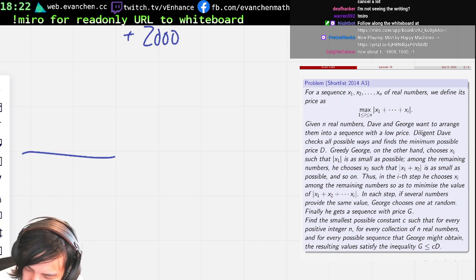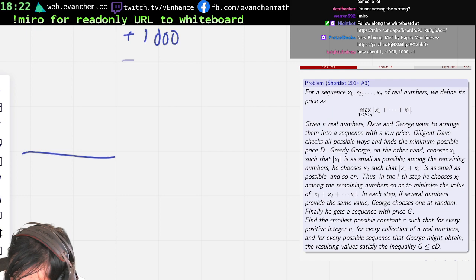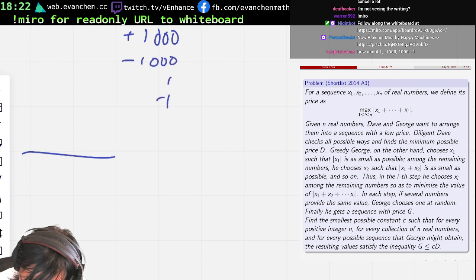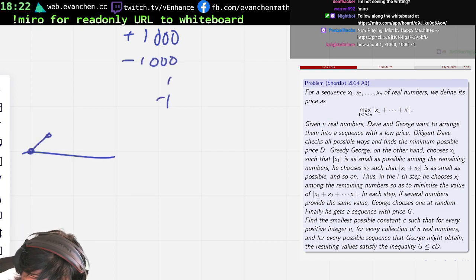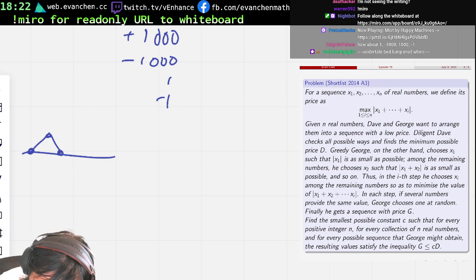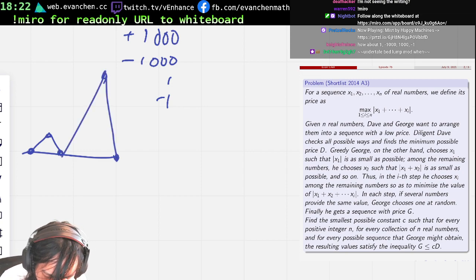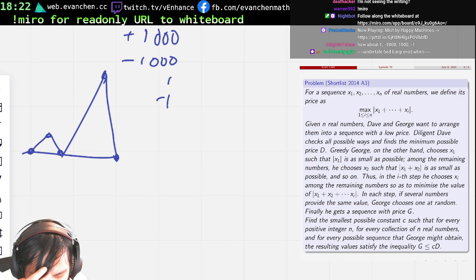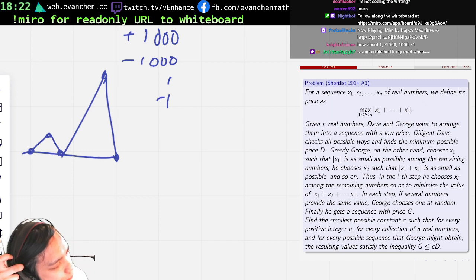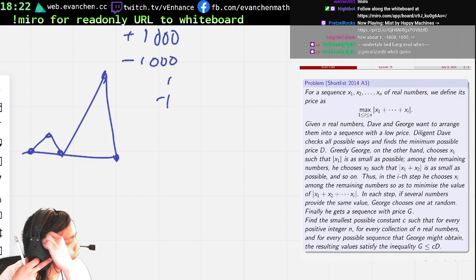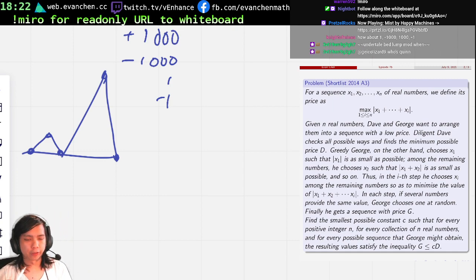Oh, okay. Plus 1000, minus 1000, 1, minus 1. I see. Okay, yeah. What you want to do is use the ones to decrease the impact of the spike. There we go. And this is bad, because what you actually want to do is use the 1000. Okay, cool. So spikes like this will generate things.